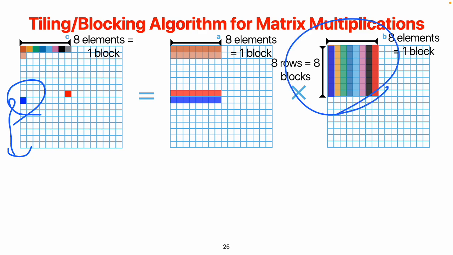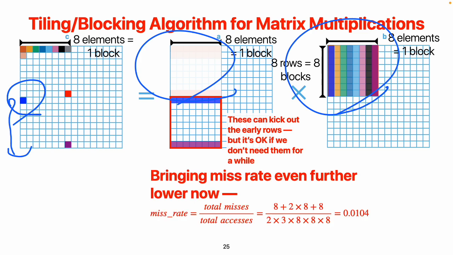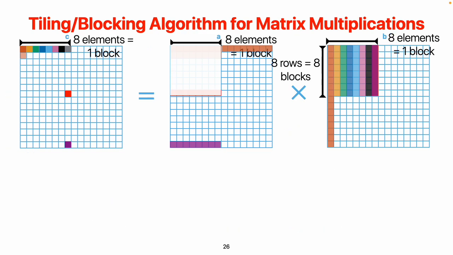When I calculate this bottom half, although they will potentially kick out early rows, I don't care because I'm not using them anymore. If you count this part in, now the total miss rate is even lower, only 1%. So that's how the block algorithm works.